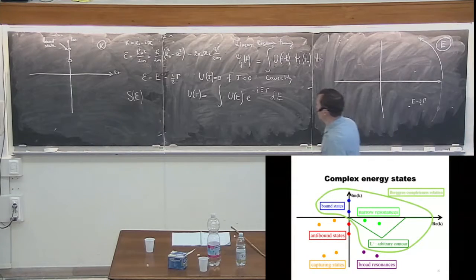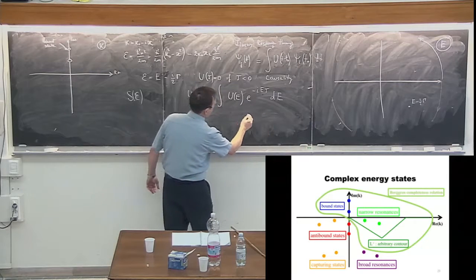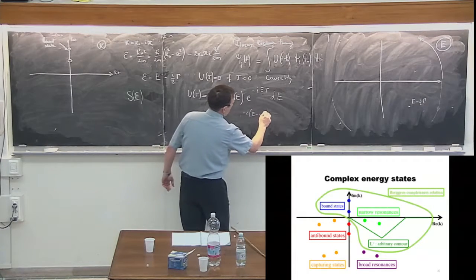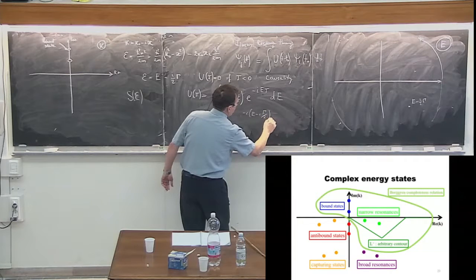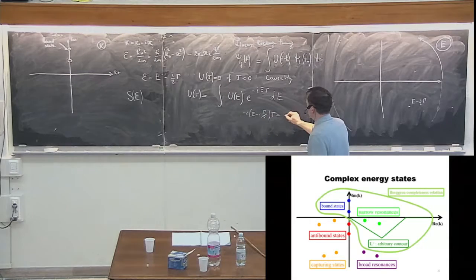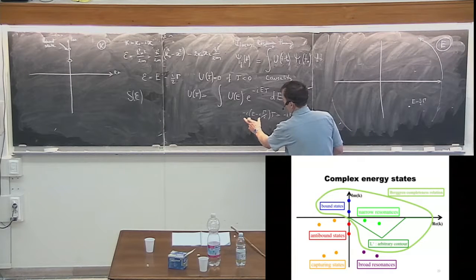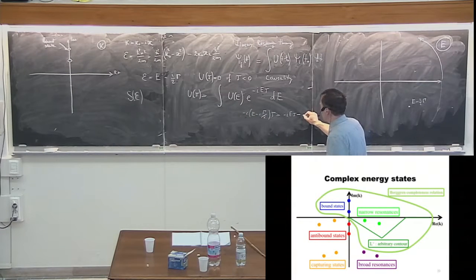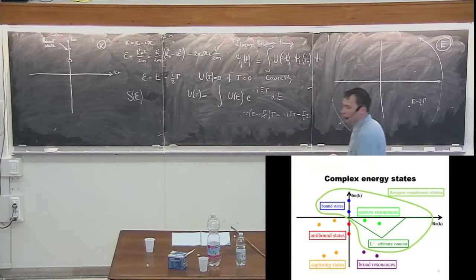Then I would plug it here, and I will obtain minus I, and then here I have e to the minus I gamma over 2 multiplied by tau. So the real part gives me minus I e tau, which is not a problem, and the imaginary part is minus I times minus I, as we did before, which is minus 1, so it gives me minus gamma over 2 tau.